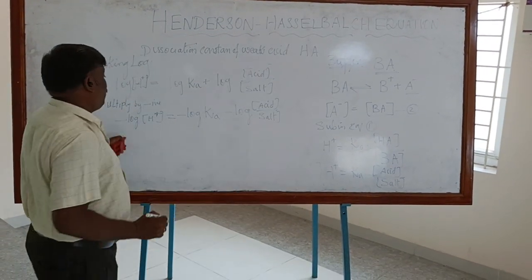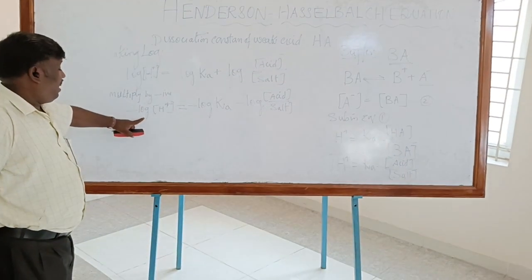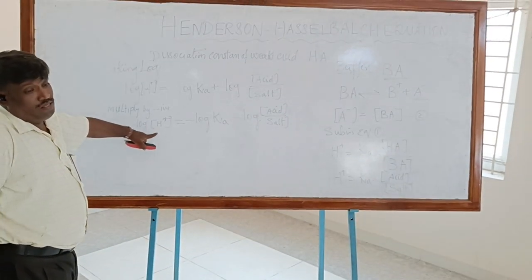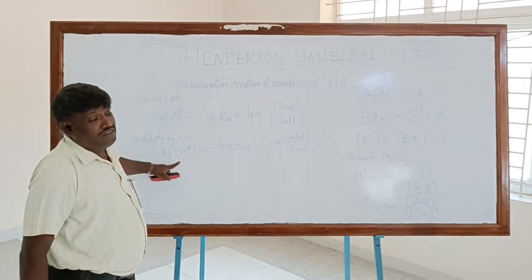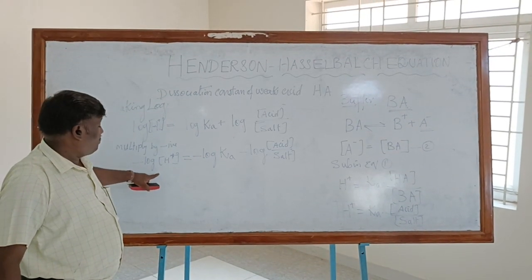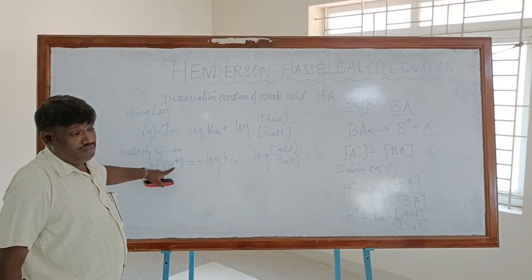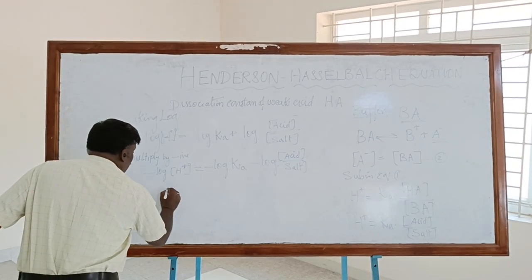Now here you can substitute. What is negative log of H plus? As per the definition of pH, pH is defined as negative logarithm of hydrogen ion concentration to the base 10. So instead of this, I can put it as simply pH.